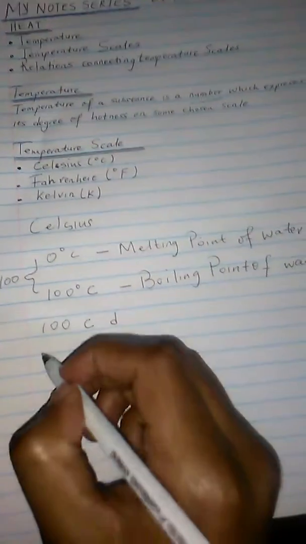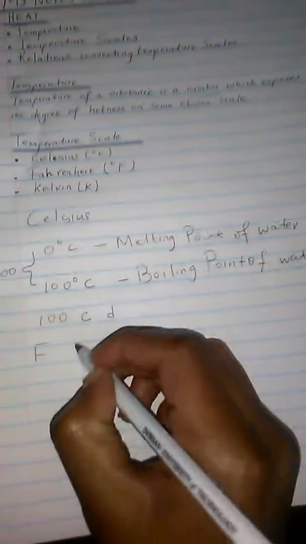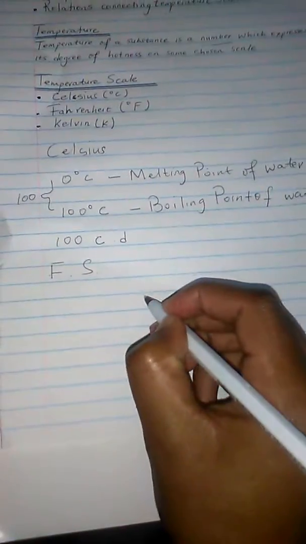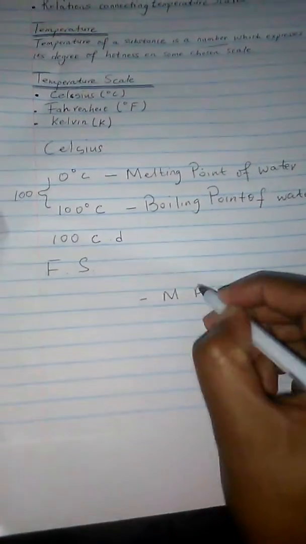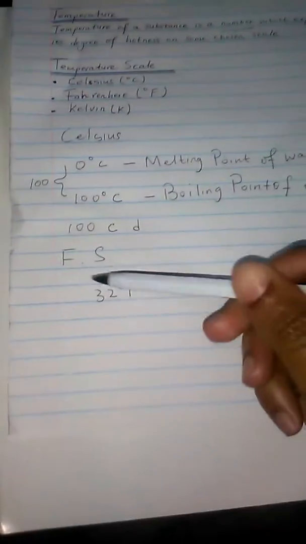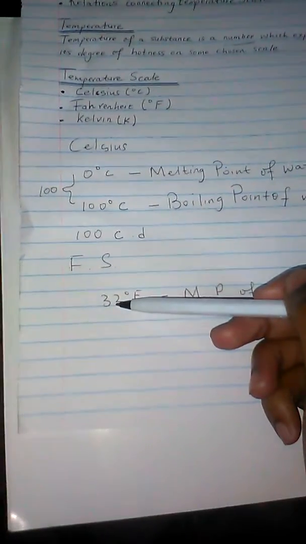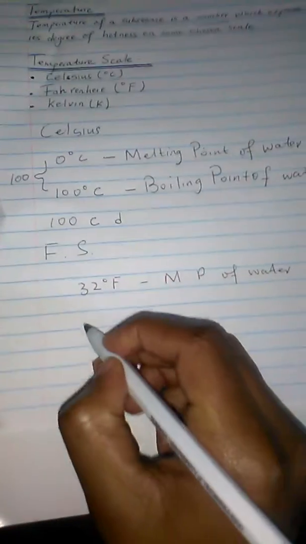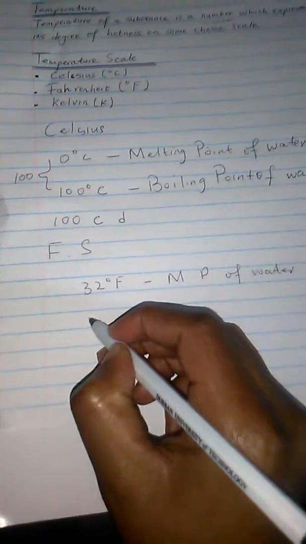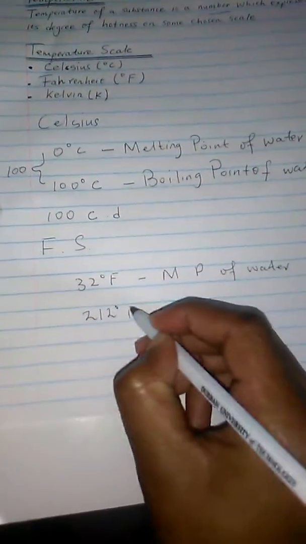Now when we move to the Fahrenheit scale, I'll just write F for Fahrenheit scale. For the Fahrenheit scale, what we know is that the melting point is now expressed as 32 degrees Fahrenheit. This is the melting point of water. So you can already see the difference. For the Celsius scale, it is 0, for the Fahrenheit scale, it is 32. Now, for the boiling point of water, it is 212 degrees Fahrenheit.